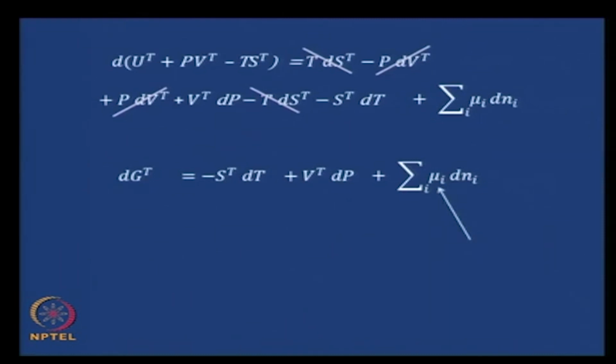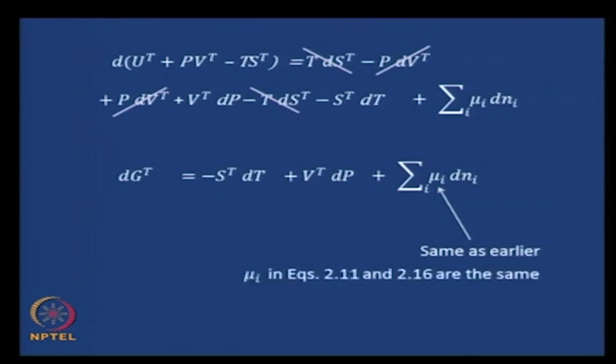Note that this term automatically became dG_t and whatever was left here was only minus S_t dT plus V_t dP plus summation of μ_i dn_i, and this was the same μ_i that we started with earlier, we did not do anything to it.